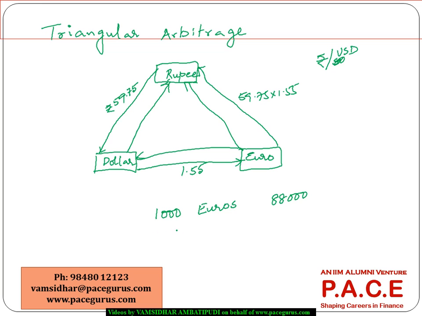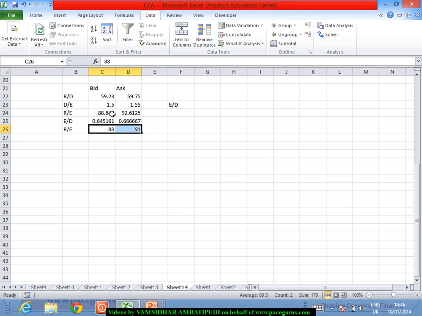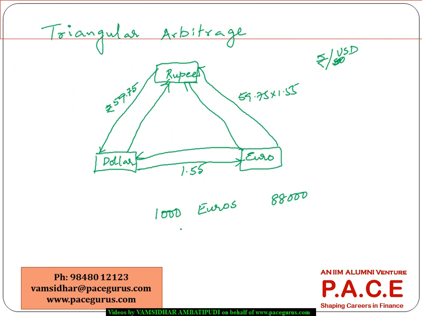Rather than that, what I can do is first get the euros converted into dollars. So I'll ask the person to give me dollars for the euros. So he will be giving me $1,500.